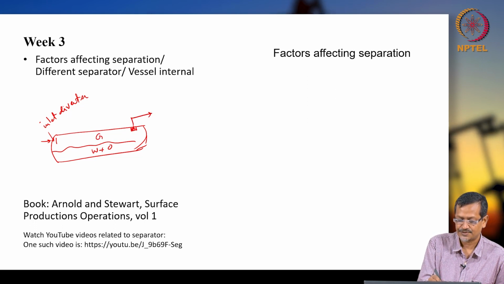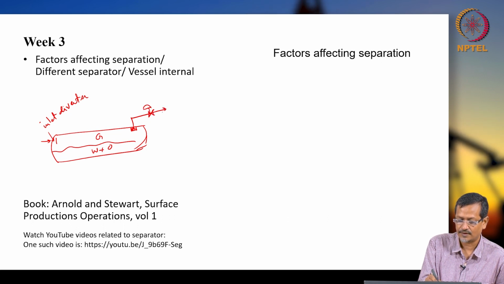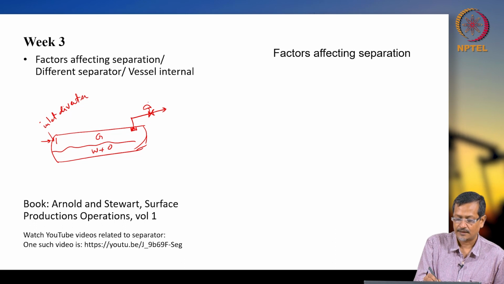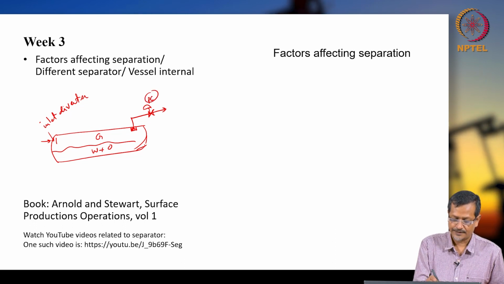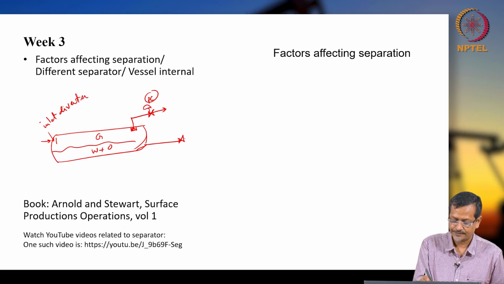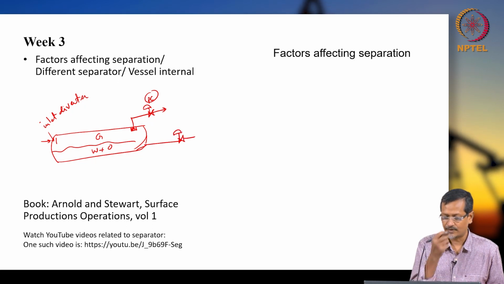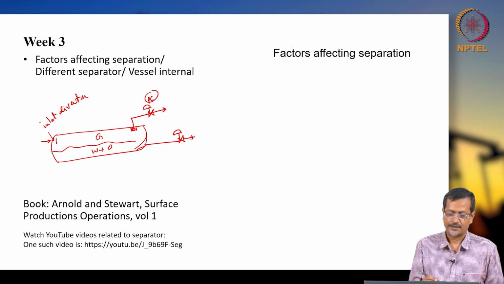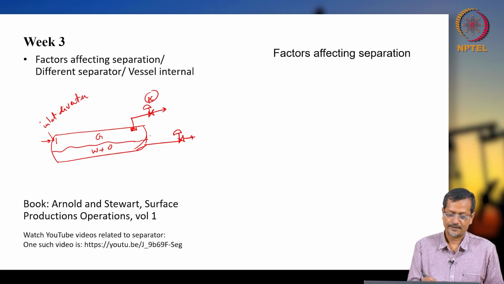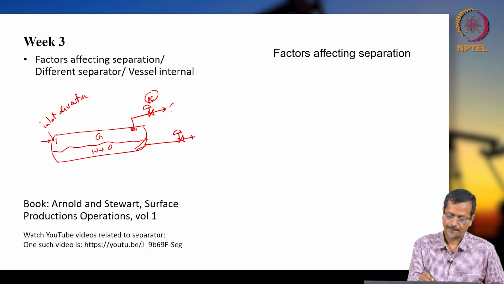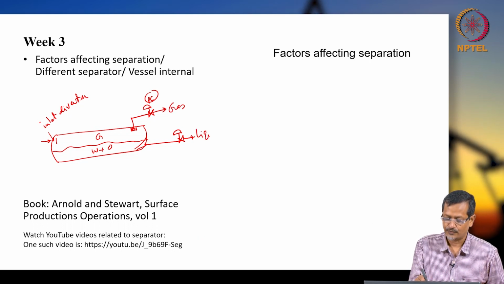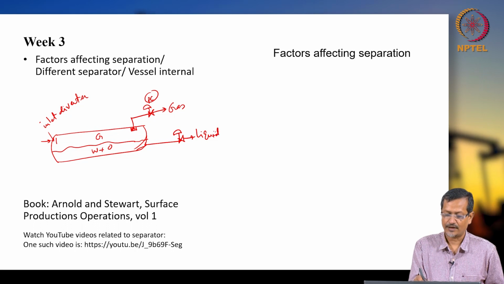And this is the mist extractor, and if I have one control valve, this is called the pressure control valve, right? And there will be another valve here, the level controller valve, because if you are not maintaining level, then there will be a problem. So you have to maintain level here for the liquid, and in the gas line you have to maintain pressure.